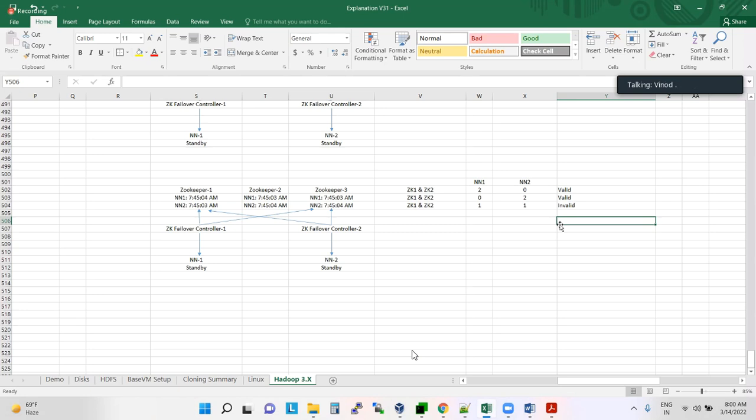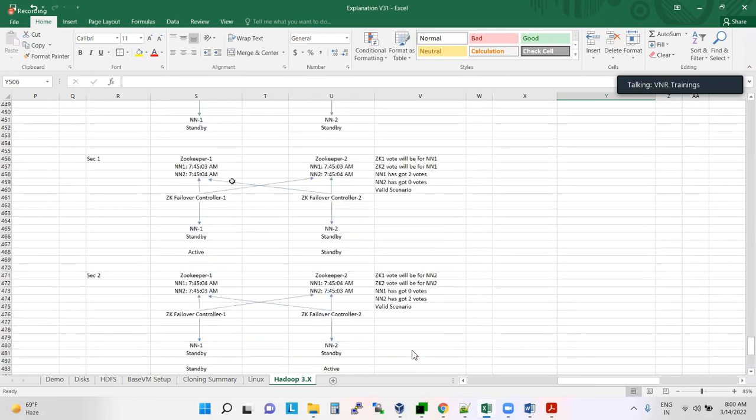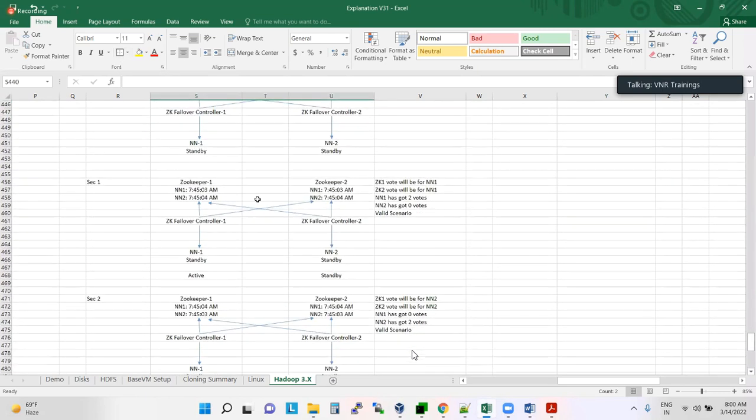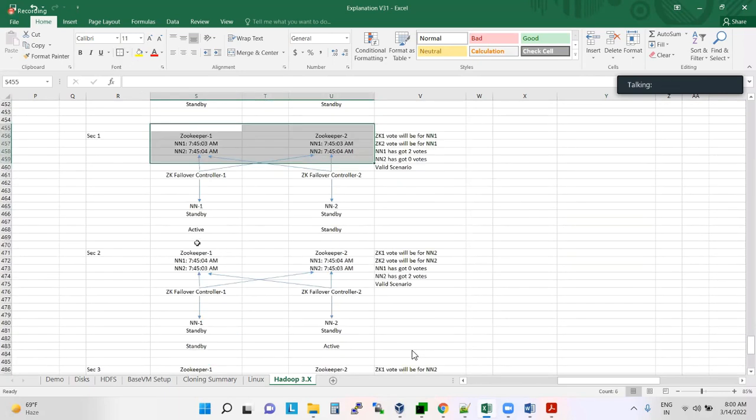Sir, in that two zookeeper case, they can't talk to each other, right? How will it decide who is active and who is in standby? When you have multiple zookeepers, they work like a single unit.